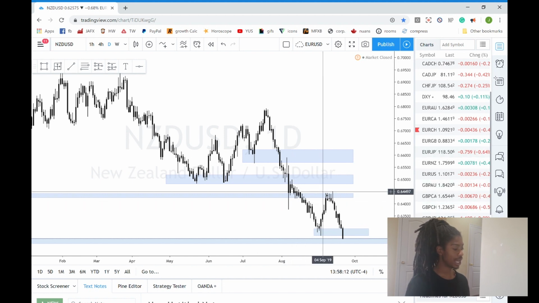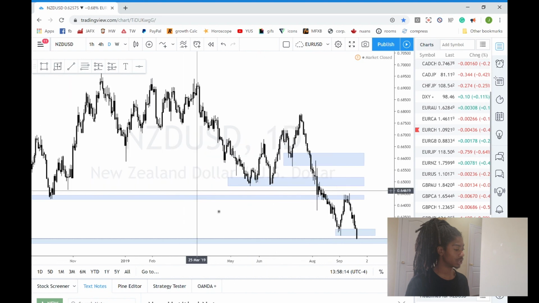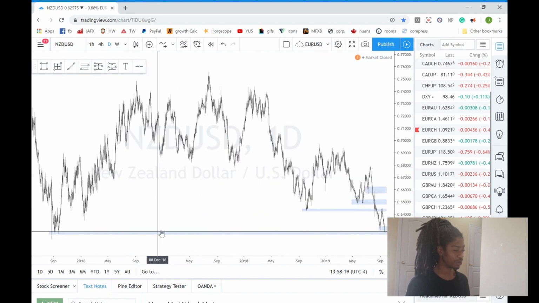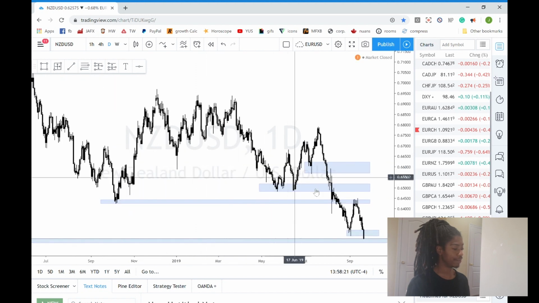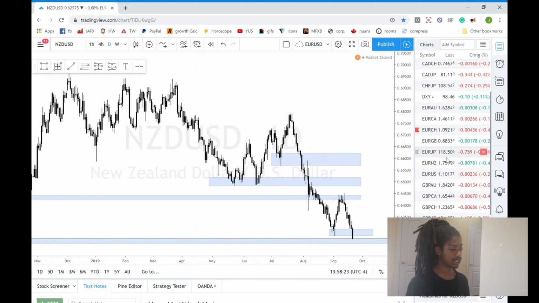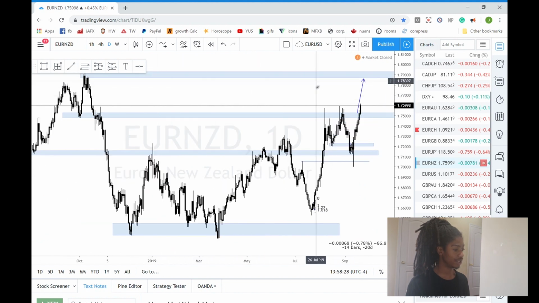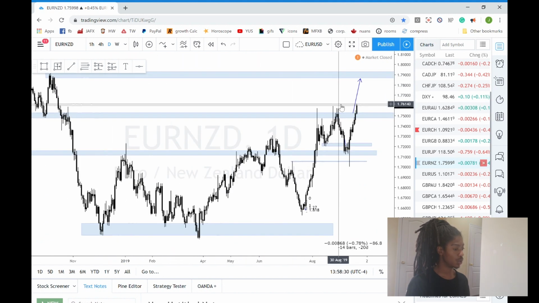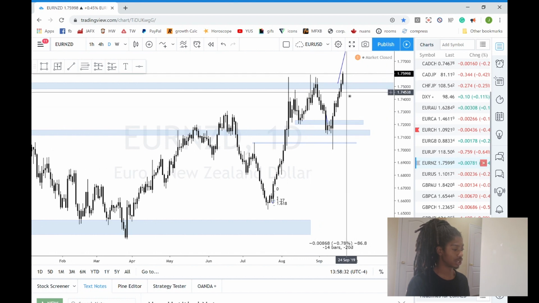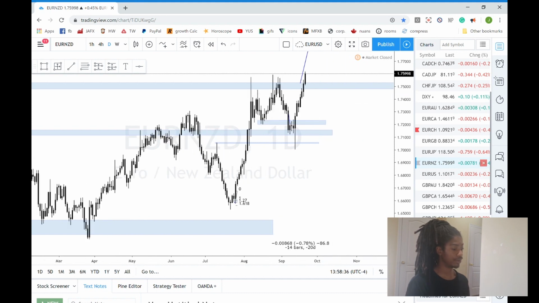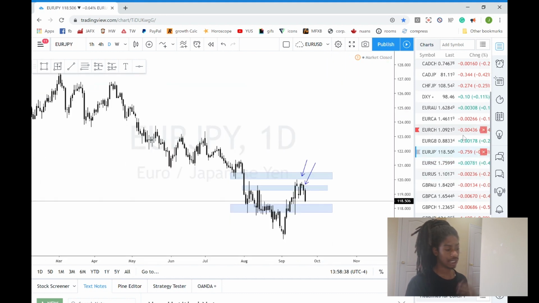But seeing as how the New Zealand dollar is approaching a really major support area, we can be looking to see if the Euro NZD might slow down, because this was a very strong weekly resistance. We'll see how price wants to react, whether it wants to close back below this area or not in the week to come. But let's just jump to the next pair, which is going to be the Pound US dollar.